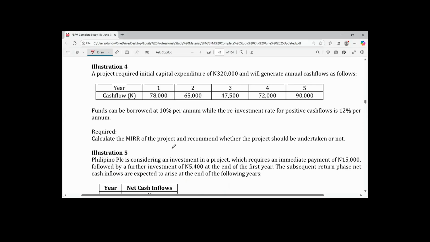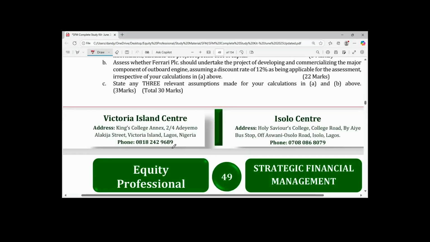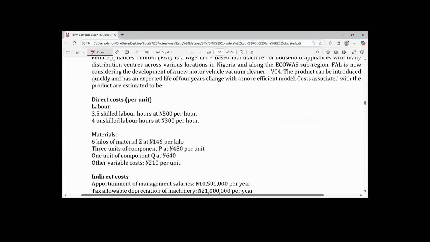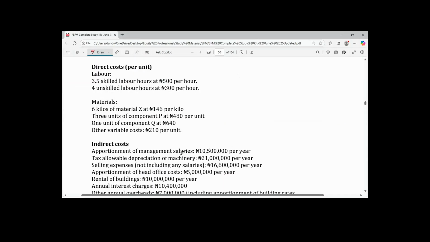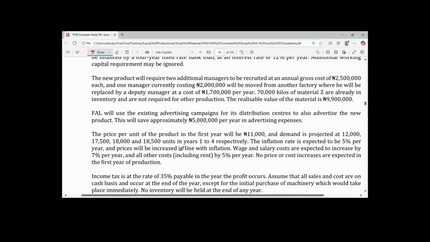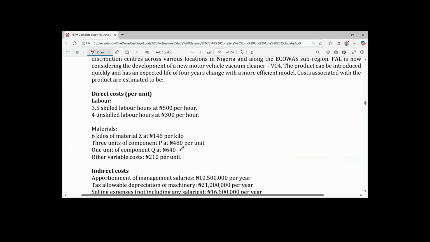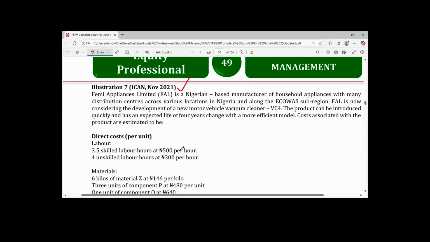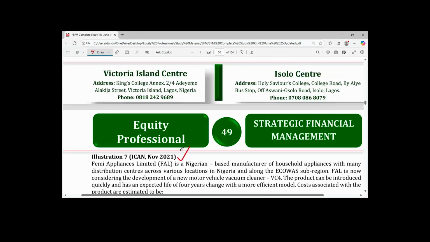Then we do illustration number 7, which is more like performance management. And then I have another question that includes project-specific, modified internal rate of return, and NPV embedded in the same question.